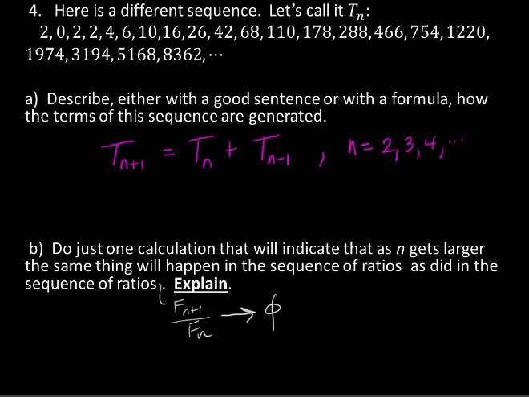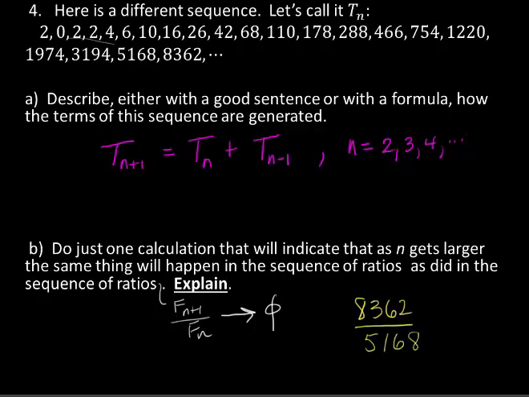That's what's happening. And to verify that it's happening in this sequence, let's just take the last two numbers that I gave you in the sequence. I don't know if it's T20 over T19. That's not important. I'm just going to take the last two. The last term of the sequence I gave you in the problem was 8,362, and the second to last term, the one before it, was 5,168.